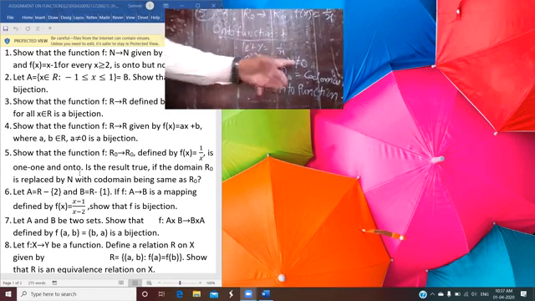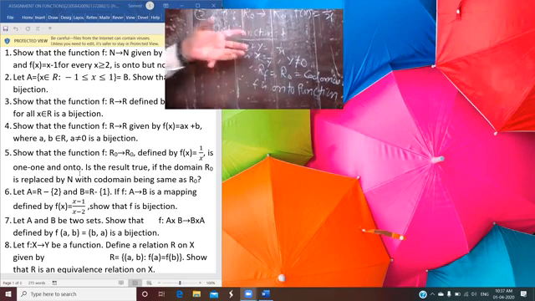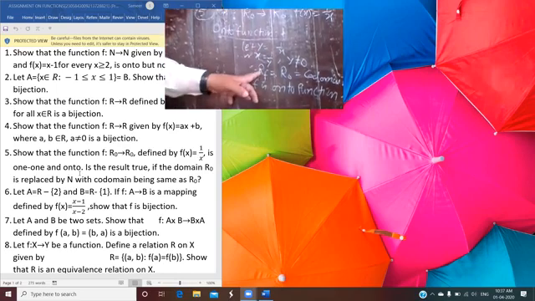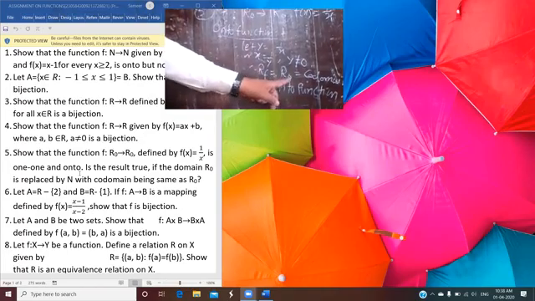Except 0, if you put any real number in place of y, you have its defined value. So you can say that the range of this function is all real numbers except 0. Yes, except 0, and that is R0.